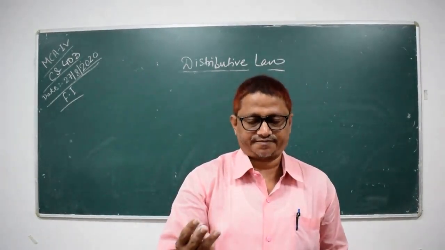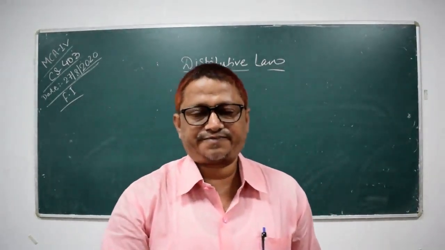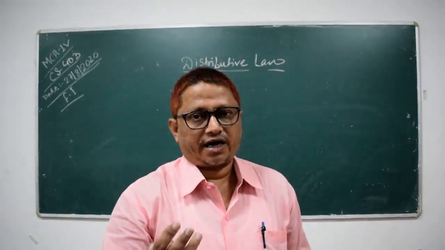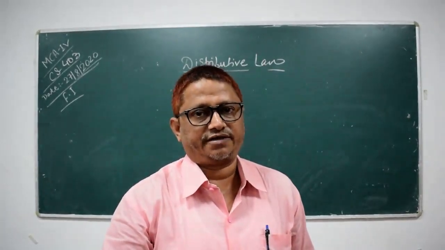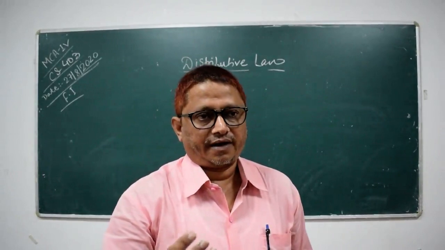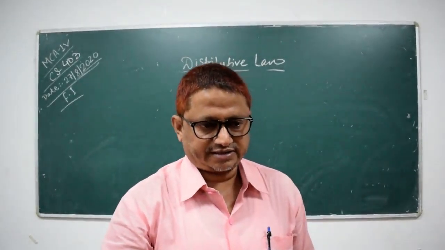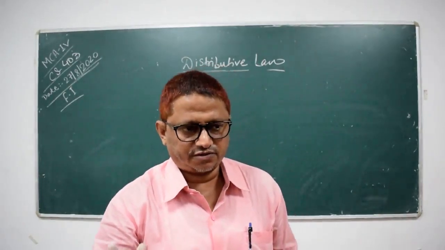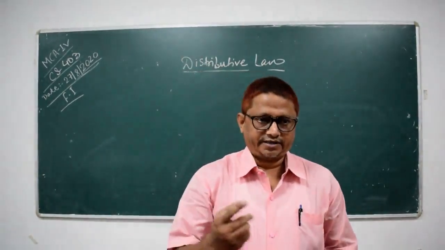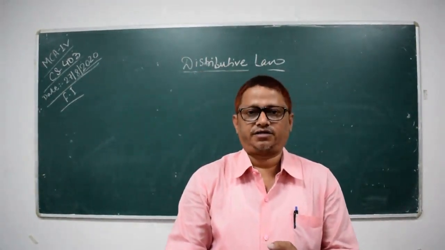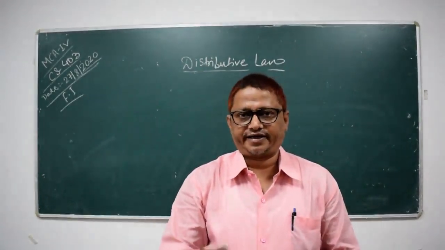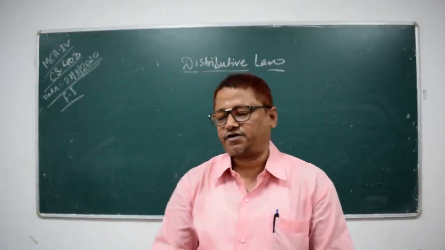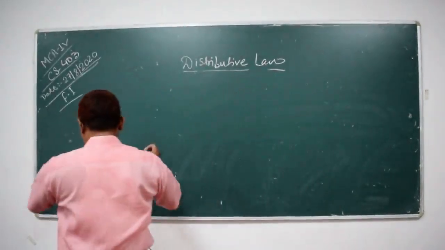Another aspect of these variables is 0 and 1. In predicate logic 0 is called false and 1 is called true. You must remember this: in binary they are called 0 and 1, and in mathematical logic they are called true or false.